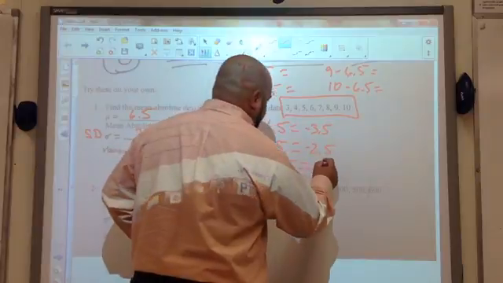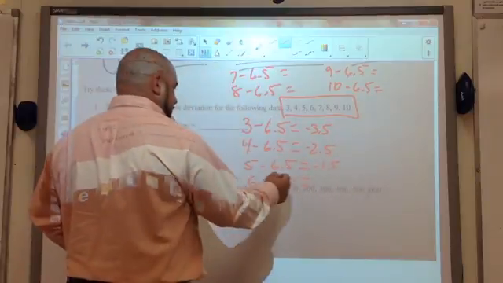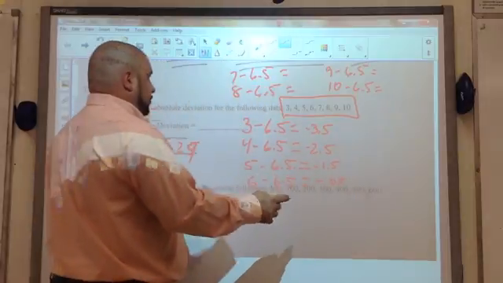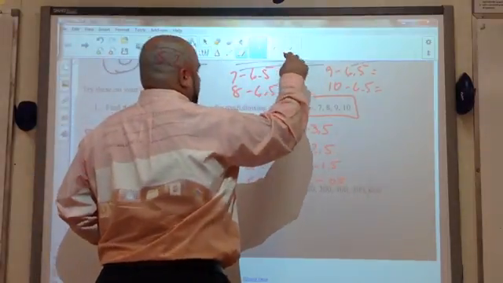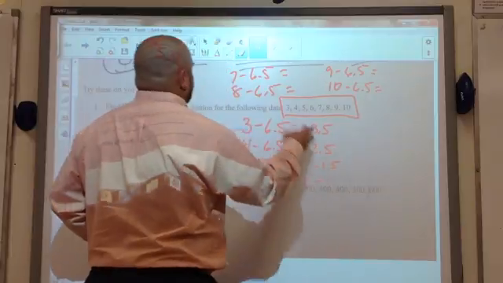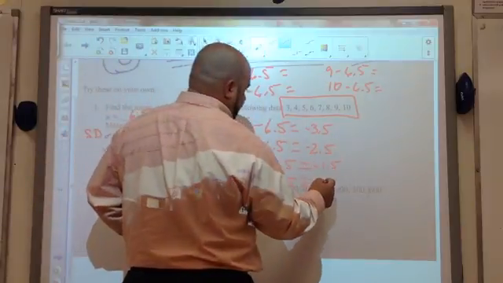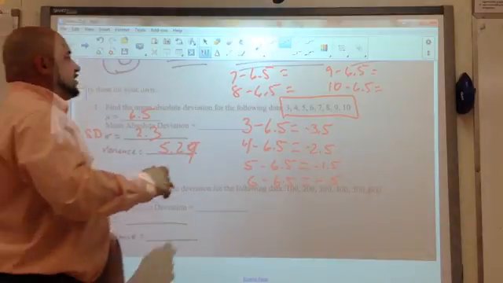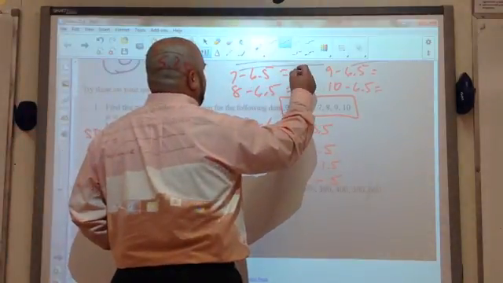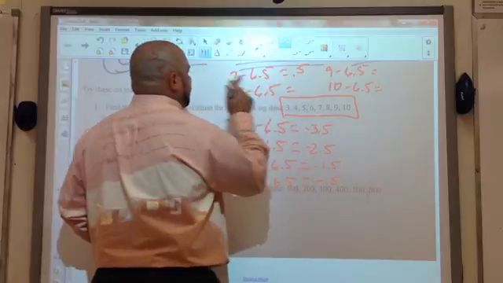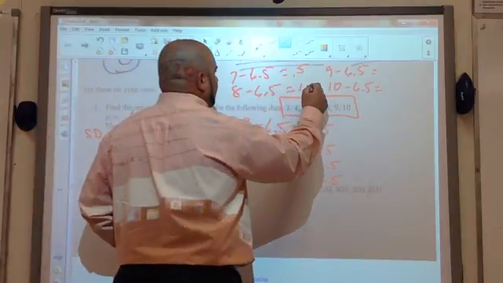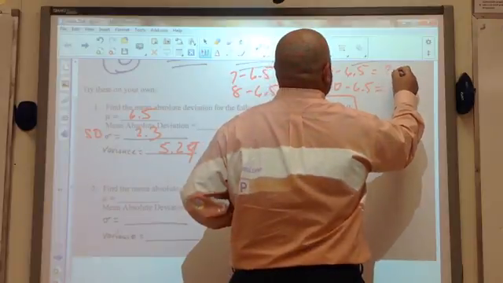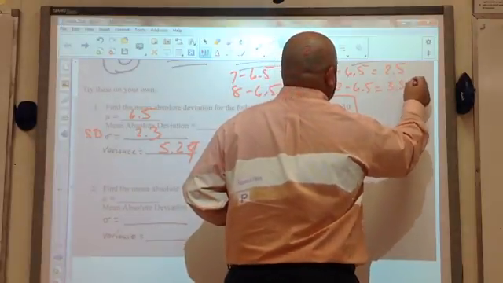And then 5, this is negative 1.5, negative 0.5. So you should be doing this on your paper, doing the subtraction from each one. 7 minus 6.5 is 0.5, right? 8 would be 1.5, 9 would be 2.5, and then 3.5.